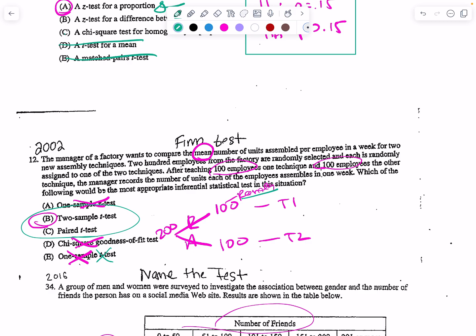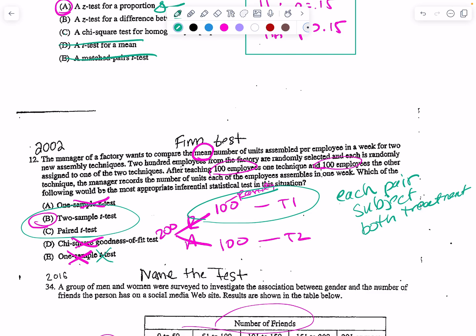And remember, to be paired, each pair or subject has to receive both treatments. In this case, it's just a group of independent people in 1, and independent people in 2 who have treatment 2. The only thing they have in common is that they work at the same factory, but they didn't pair them together in any unique way.